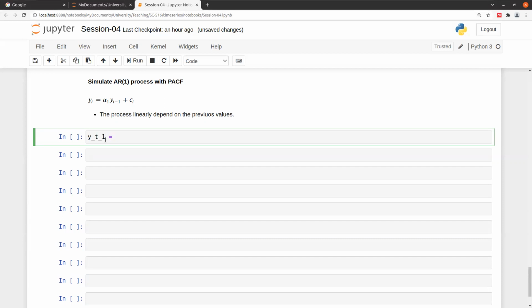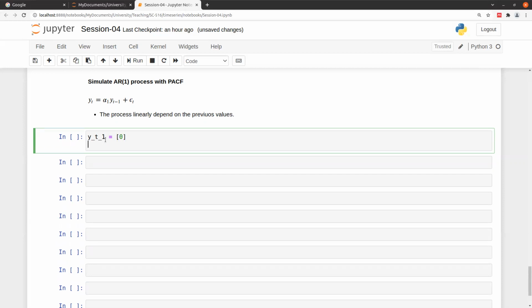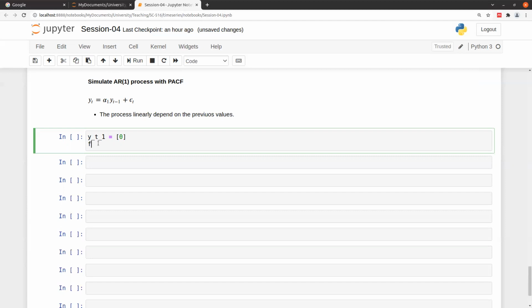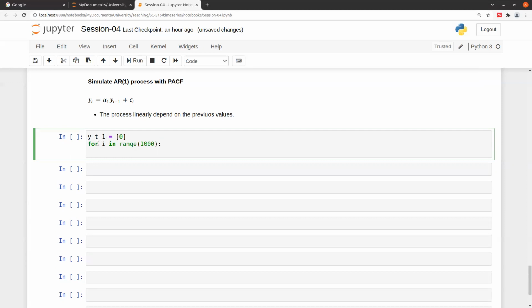This is just a variable, right? Initially it is a zero value, because there should be one previous value, y t minus 1. Then for i in range, let's go with 1000 data points as usual.